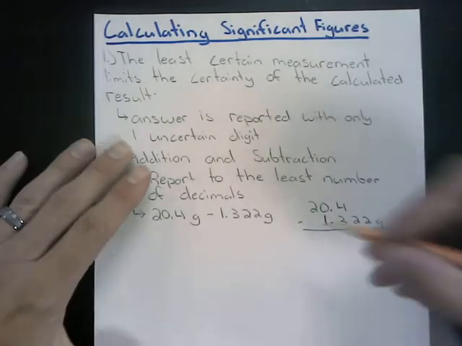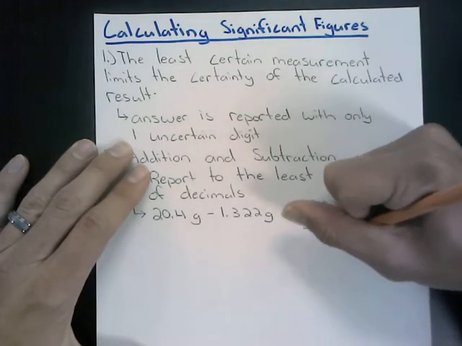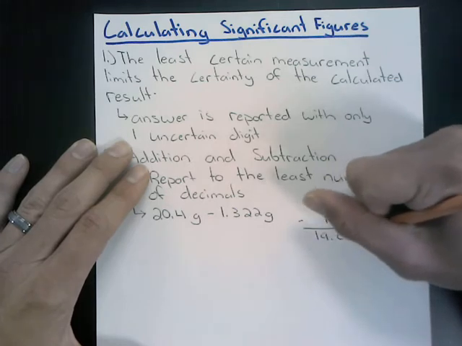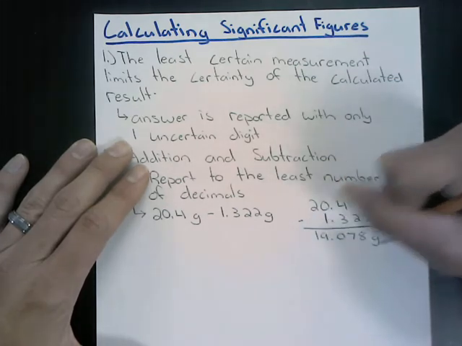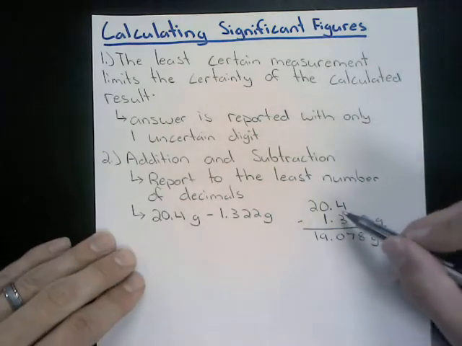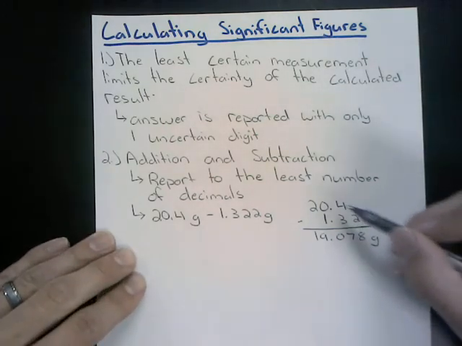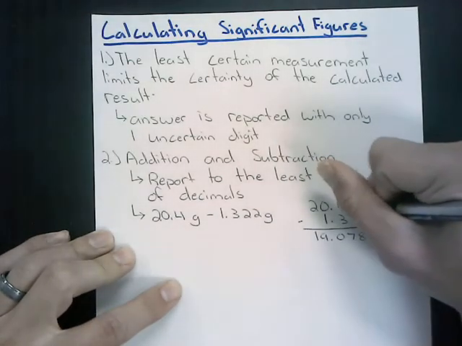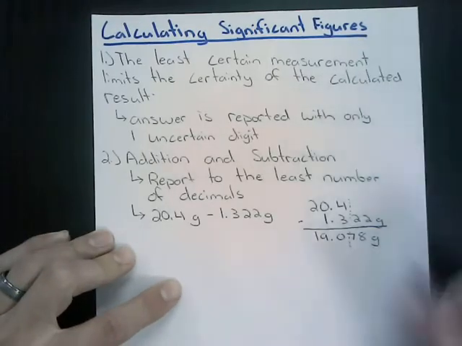For right now, I'm just going to write that down, 19.078 grams. Now I have everything lined up really nicely, and I find the least number of decimals, which is 20.4, and to the right of it, I draw a dotted line.